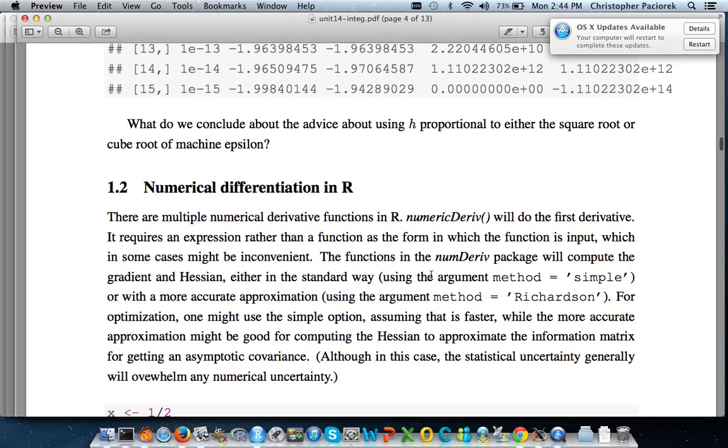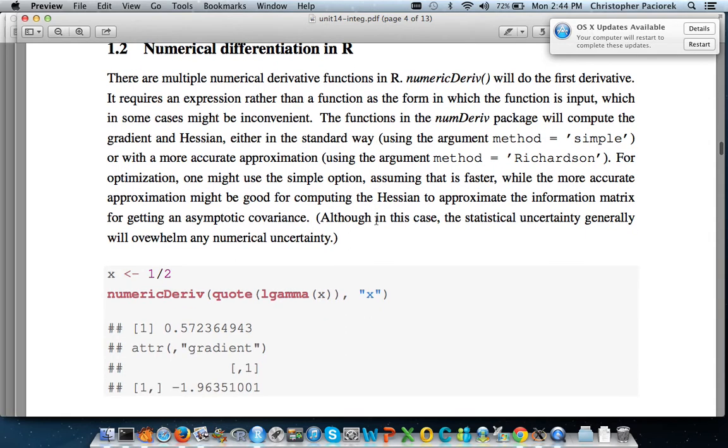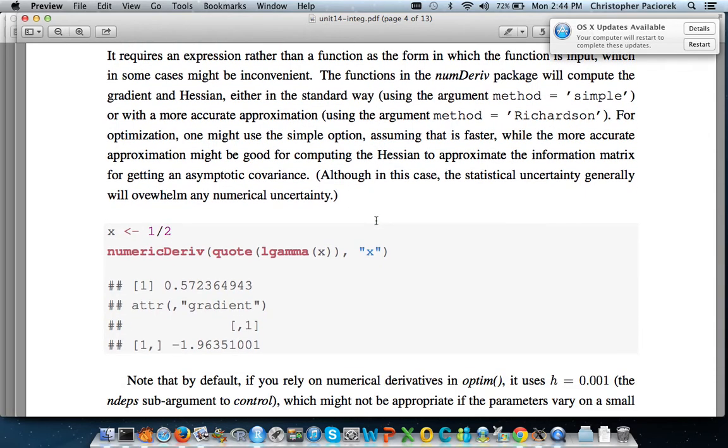Okay, this was obviously me just coding up the discrete difference estimate of a derivative myself. There is a function in R that will do it called numericDeriv in the numDeriv package. You can give it an R expression. Remember, you have to use the quote function so that R doesn't evaluate the function but treats it as an R expression.